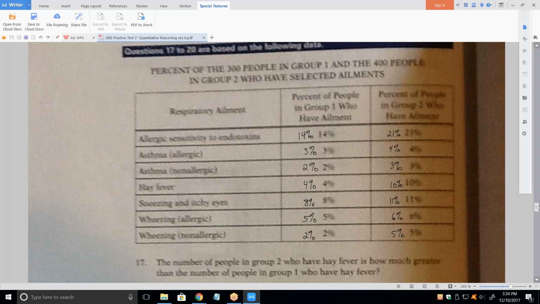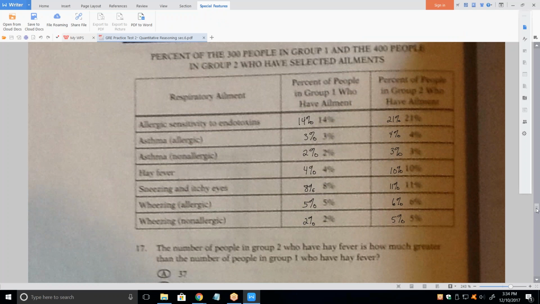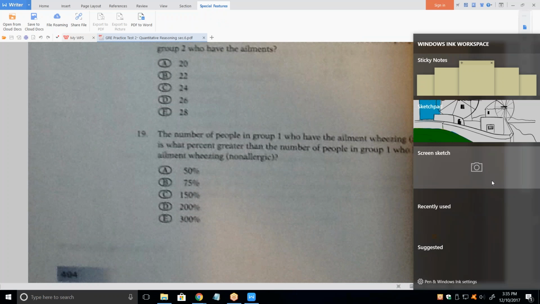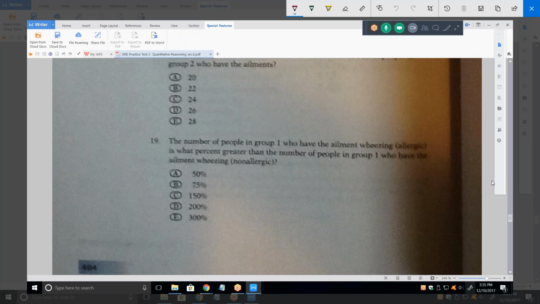Let me just look at the problem again. What percent greater? Okay, so we're gonna go 15 compared to 6. First of all, if it was 12 to 6, what percent greater would it be? Twice.